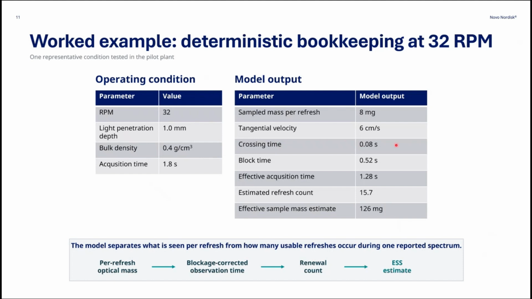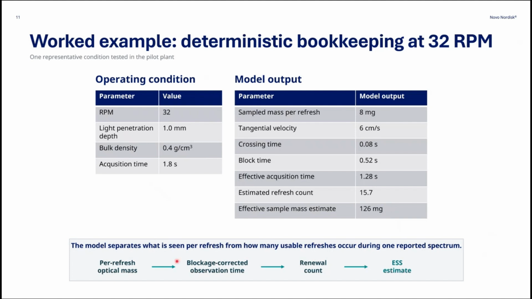This will give us a crossing time, a block time of 0.52 seconds of the total 1.8 seconds. So the effective acquisition time would be 1.28, and then the estimated refresh count would be 15.7 renewal events. If we multiply that with 8 milligram, we end up with an effective sample size estimate around 126 milligrams.